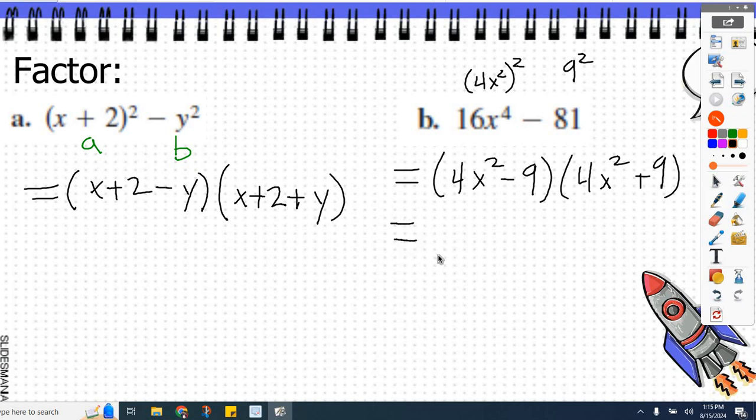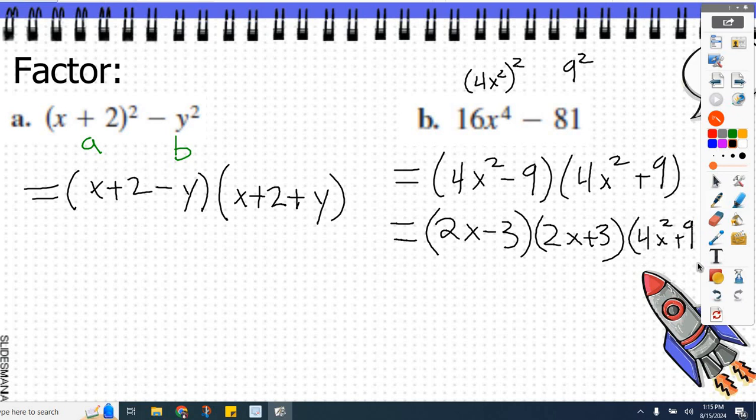So we can actually factor this down to 2x minus 3 times 2x plus 3. But notice that if you look on your front page, underneath difference of squares, what does it say under sum of squares? No real factor. Correct. So that second factor, x squared plus 9, can't factor any further. So it just has to stay there. So in this case, we would have 3 factors. Do we all see where we're getting those numbers from?